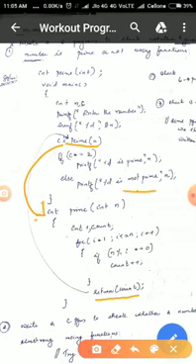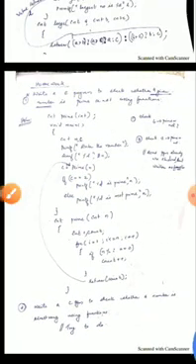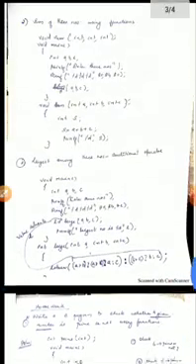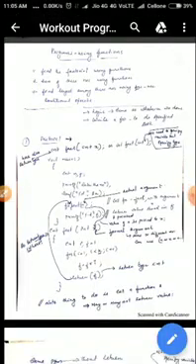The same logic, instead I use the function here. Next we have to write a program to check whether a number is Armstrong or not using functions. Okay, hope you understand how to write programs using functions.